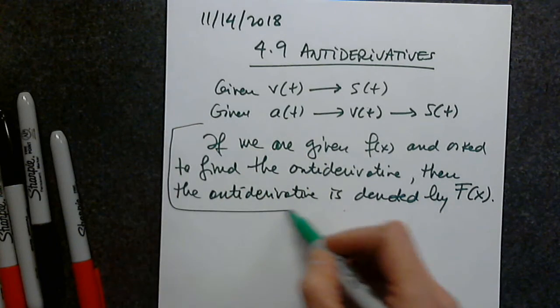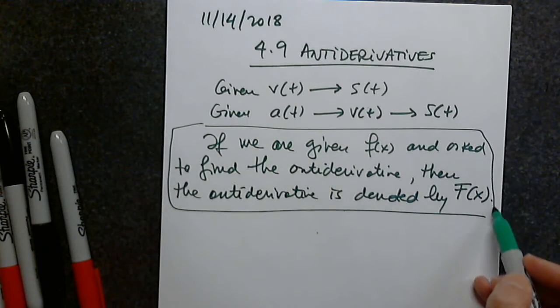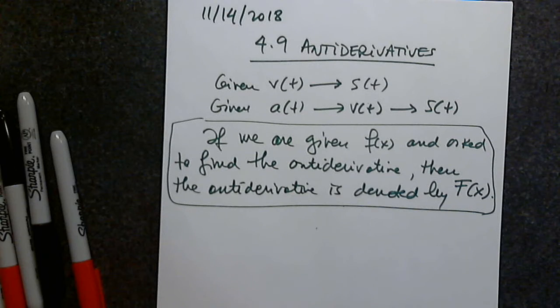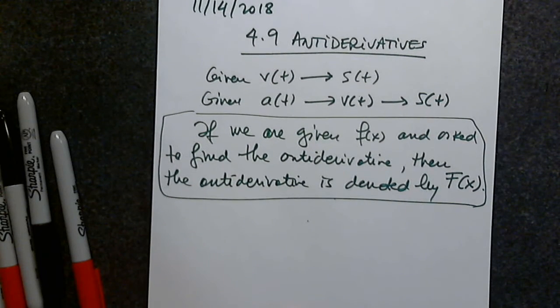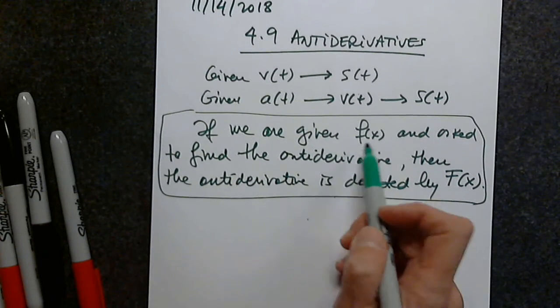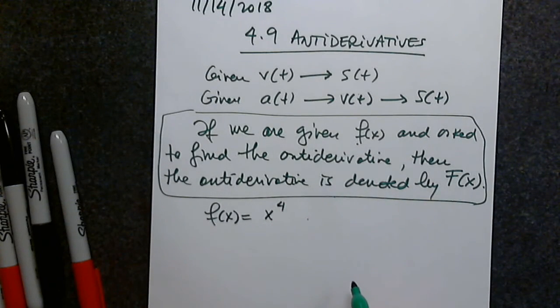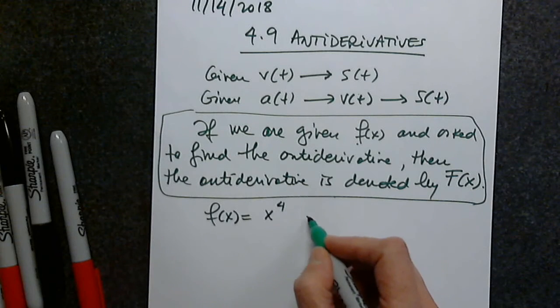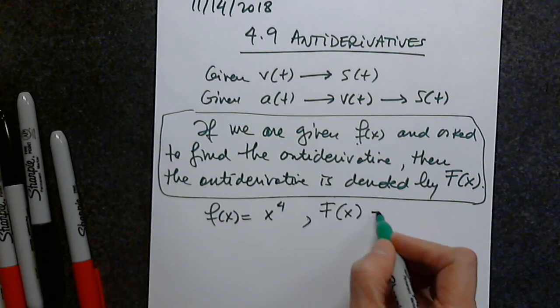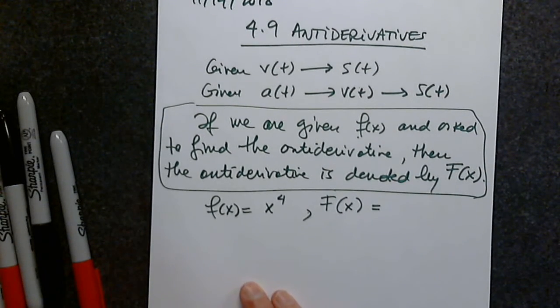This is very important to understand a big theorem in chapter 5. So if we are given f of x, which is x to the fourth, and we're asked to find the antiderivative, I have to use this notation.